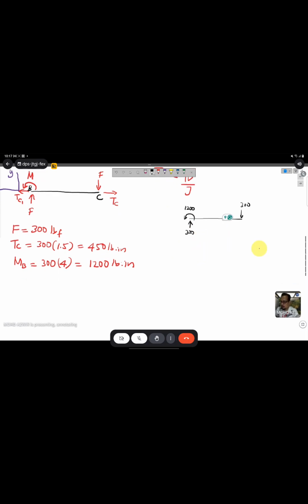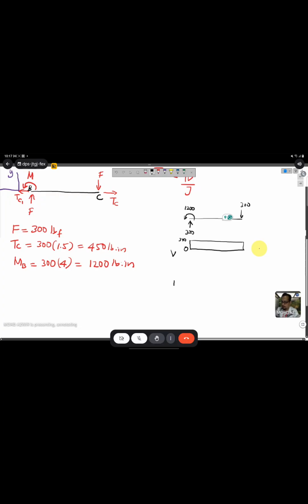Then for the shear diagram, this is your V. You have force acting upward, which is 300, and then the force will become constant. This one is your zero value. This one is 300. And then it goes back down, becomes zero again. So this is your V diagram.